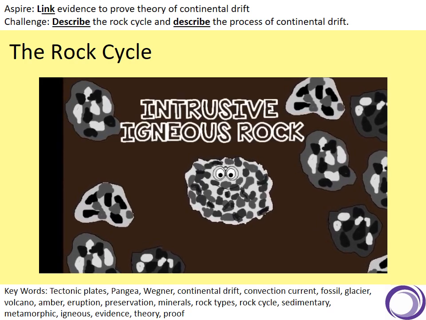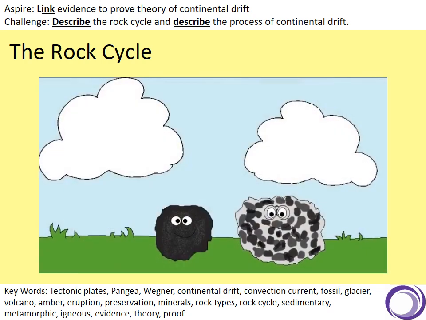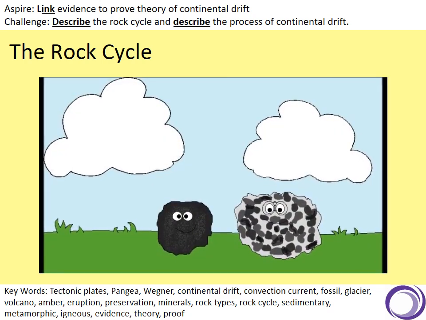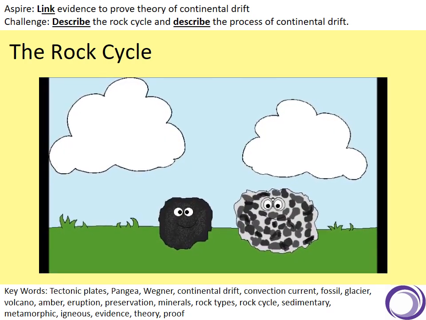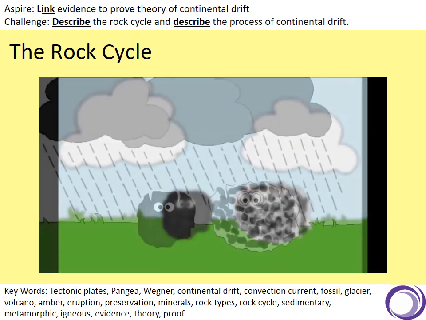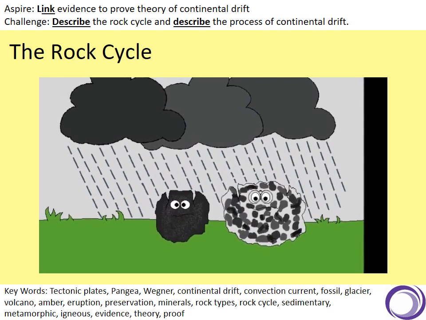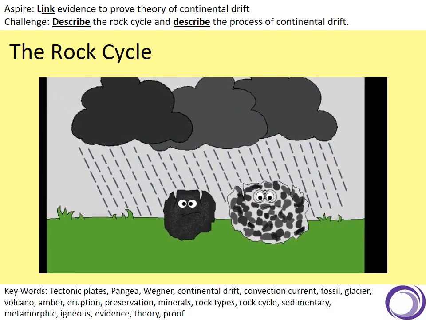He became an intrusive igneous rock. Eventually, through a process called uplift, the second brother was brought to Earth's surface again and was reunited with his brother once again. Sometime later, it began to rain again, and the process started all over.